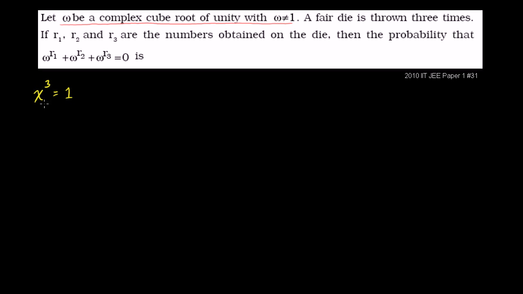Or we can subtract 1 from both sides and write this as x to the third minus 1 is equal to 0. All of the roots of this equation will be cube roots of 1. They will satisfy this, and this is the same thing as x is equal to the cube root of 1. These are all equivalent statements.